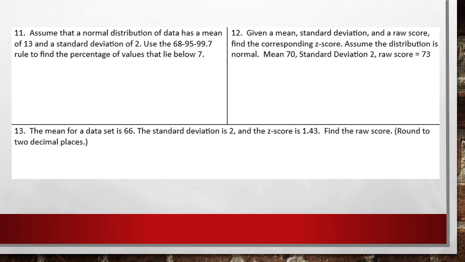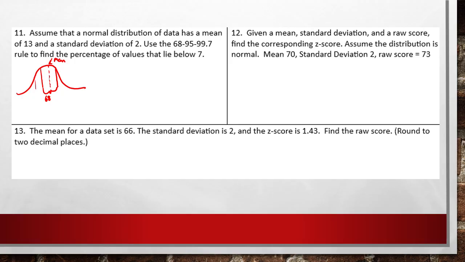Okay, remember how to think about that 68, 95, 99.7 rule. So if this right here is our mean, then we're talking about one standard deviation away. Between here and here, we get 68% of our values, within one standard deviation.